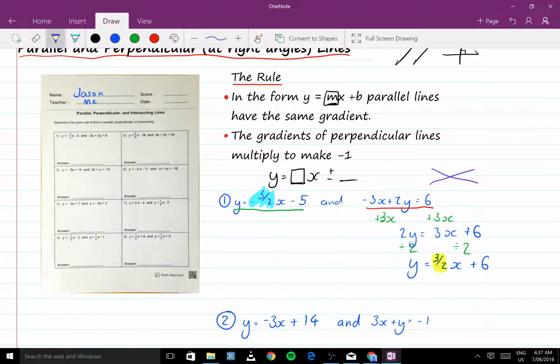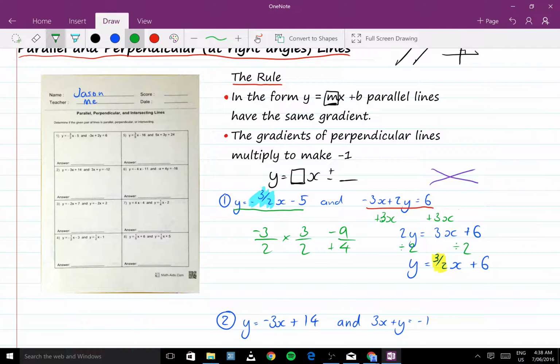Okay, so I'll just times them together and see if they equal -1. -3/2 times 3/2. Top times top gives me -9. Bottom times bottom gives me +4. -9/4 is not -1. So these are neither parallel nor perpendicular. They cross, but they're not parallel or perpendicular.